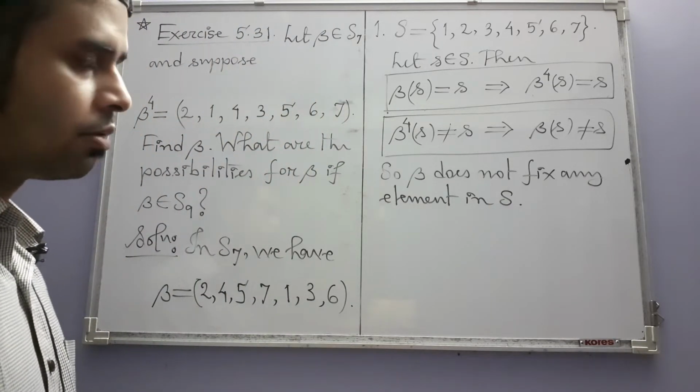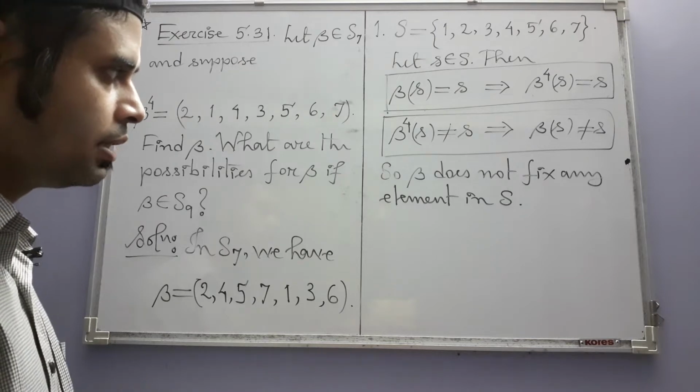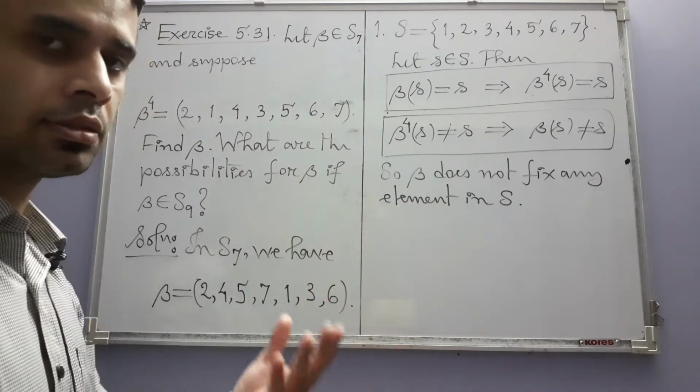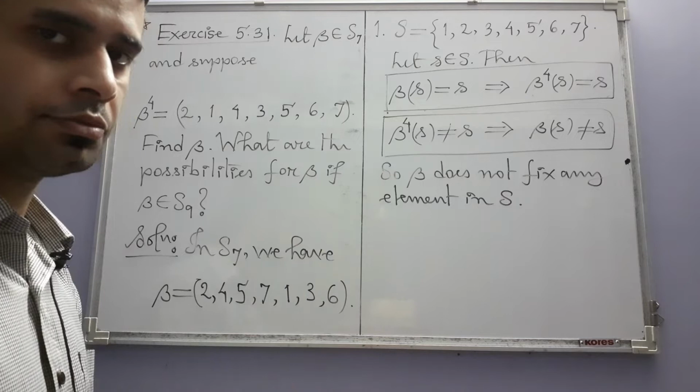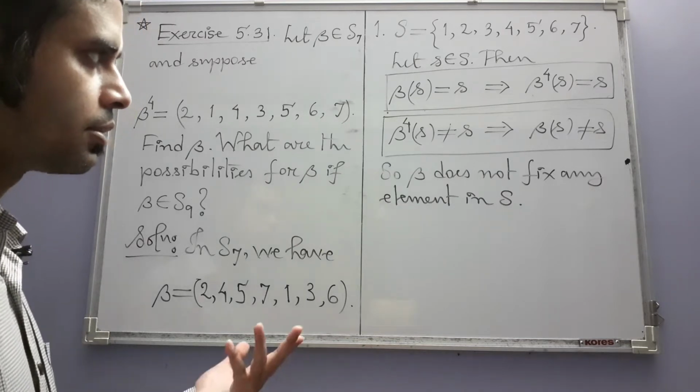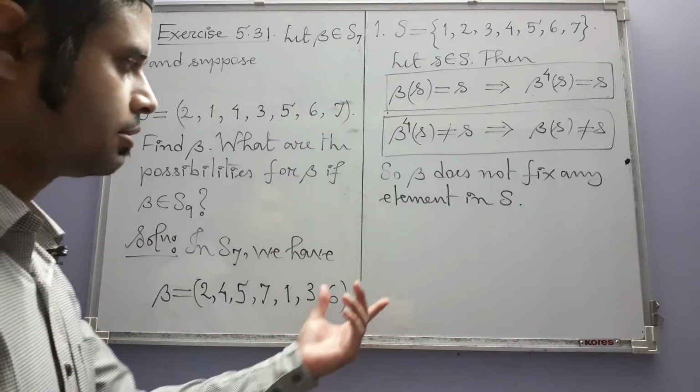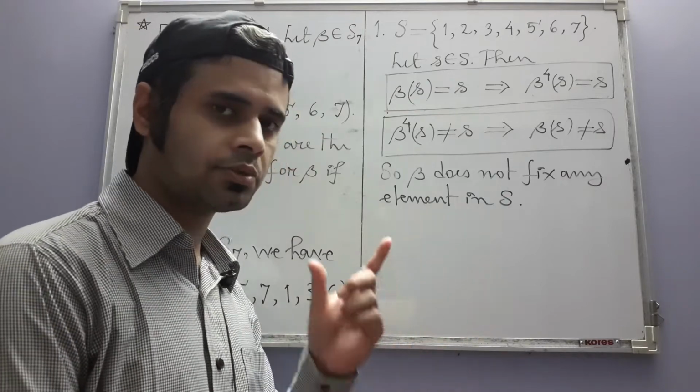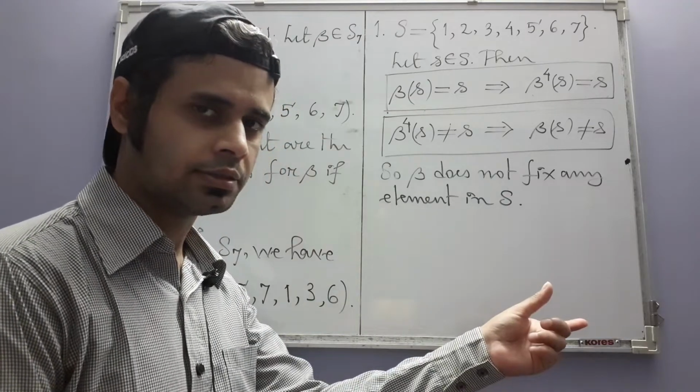Fine. Now, what is the consequence in turn of this fact on the cycle structure of beta? We already know that beta, being a permutation, can be represented as a product of disjoint cycles.